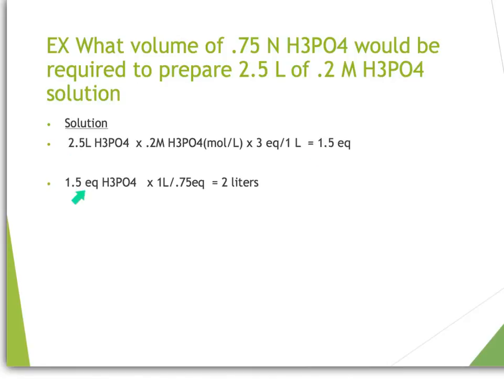We take our 1.5 equivalents and we need to convert from equivalents to liters. Now, we have 0.75 normality. So 1 liter would have 0.75 equivalents. Equivalents cancel, and we would now be in liters. Our mathematics would show that we would have an answer of 2 liters.